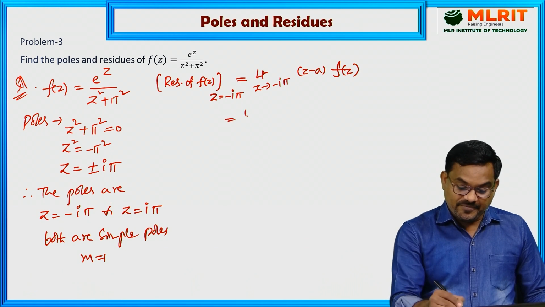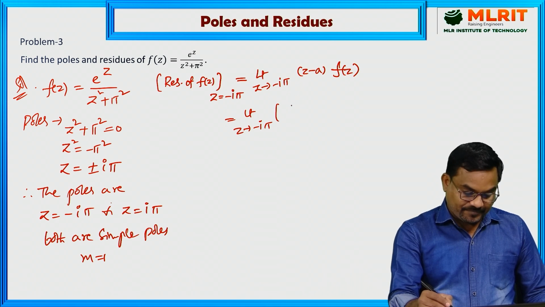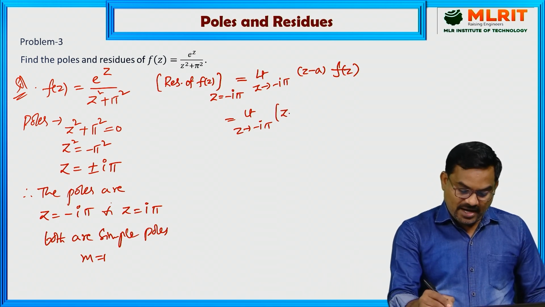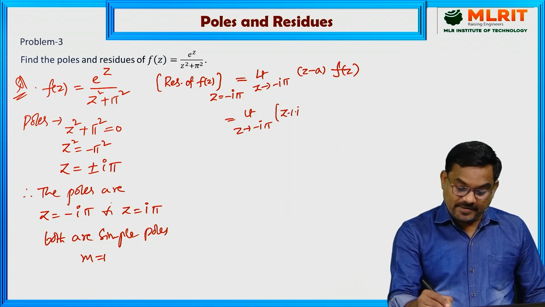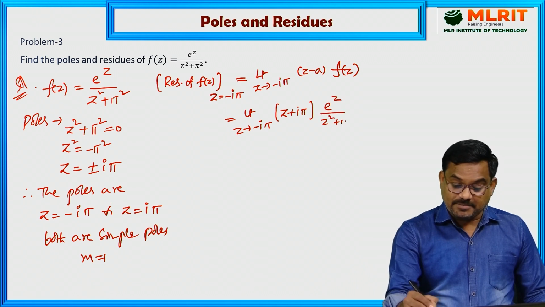So here limit z tends to minus i pi, z minus a, so z plus i pi, into f of z, e power z by z square plus pi square.